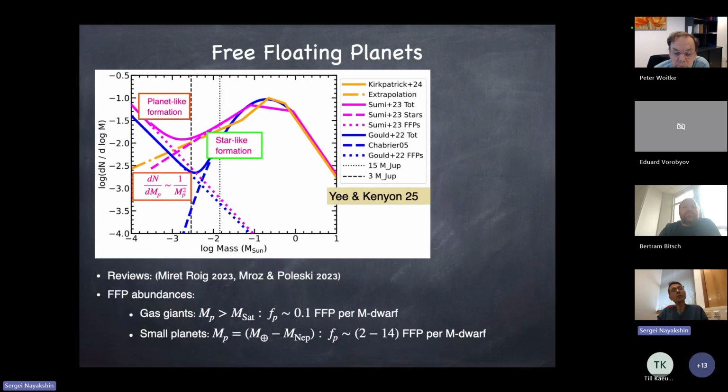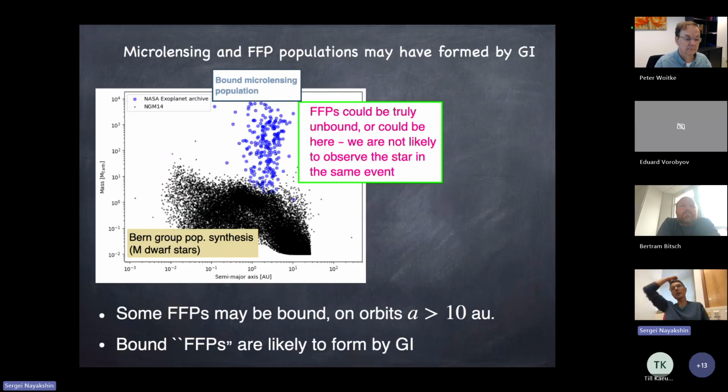Another project we've tried, we now have 2 papers submitted, is on the free-floating planets. I am running short, so I'm just going to tell you the highlights here. What's interesting is that the observations seem to show many bound microlensing planets, shown here in blue, and then an even larger population of free-floating planets.